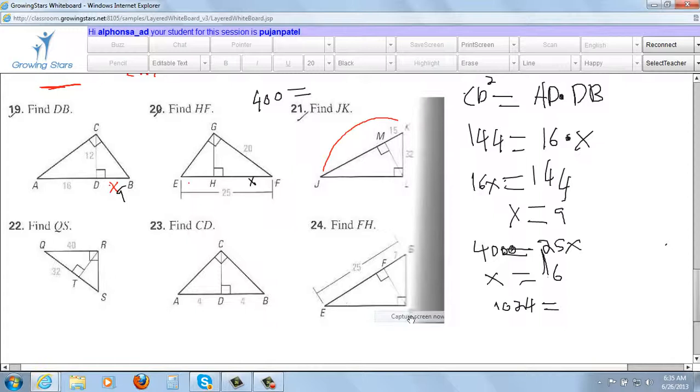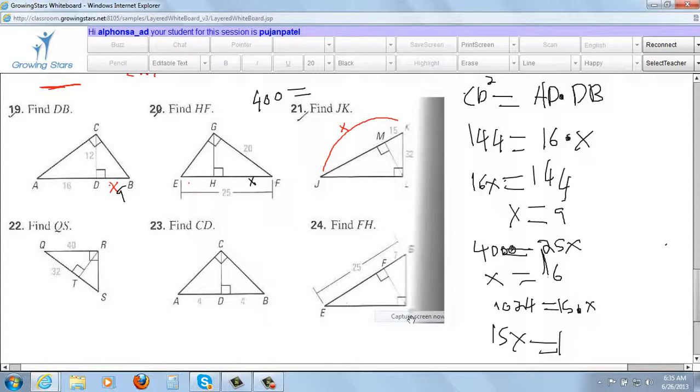Isn't it JK? So 15 plus X, times X. 15 times X. Okay, so it'd be 15x equals 1024.